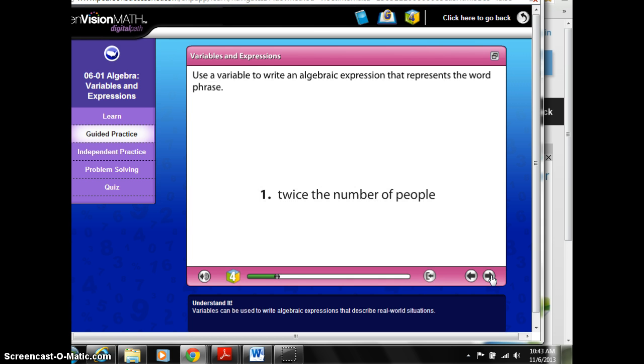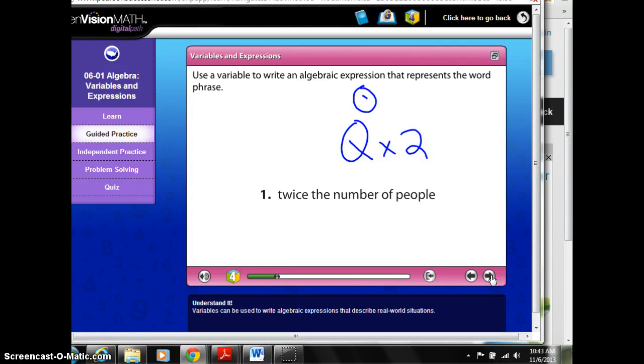How would we write twice the number of people? Now you can use any letter of the alphabet you want to. Any letter of the alphabet. Darius. Q, he says. Times 2. Remember, we don't want to write it like this because it looks like a multiply sign.